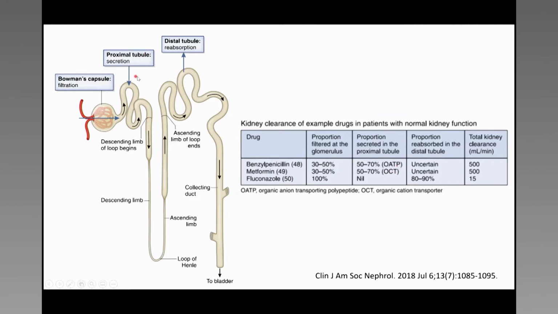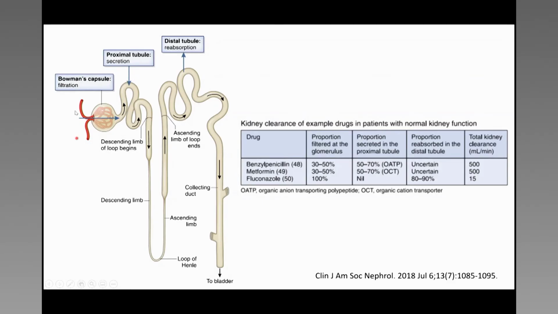And so if you've got a tubular dysfunction, this may impact on the secretion. Same applies for metformin. It's actively secreted via the organic cation transporter. And as mentioned to you earlier, much of the clearance is based on that.